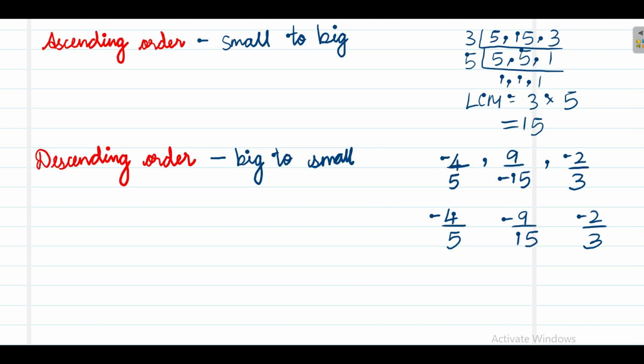Since we have taken the LCM, what are we supposed to do? Use that LCM as the common denominator for all the three rational numbers that are given. So 5 into 3, 5 into 3. 15 we have already got. Into 1, and 3 into 5 and minus 2 into 5. So now what do we get?